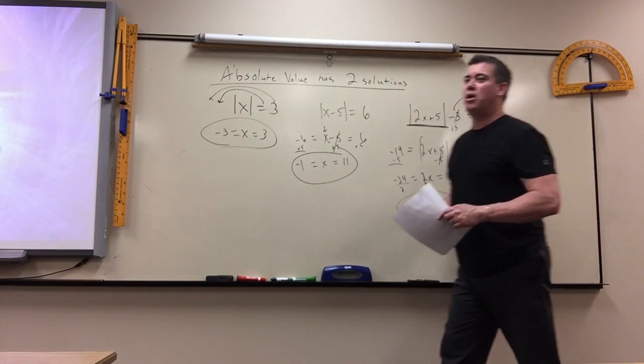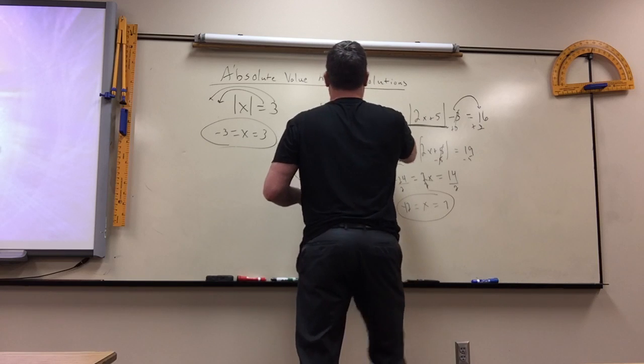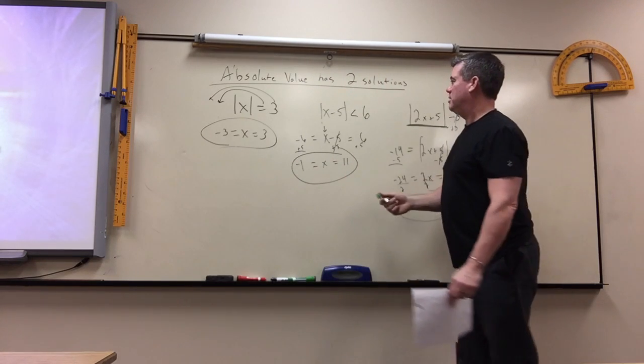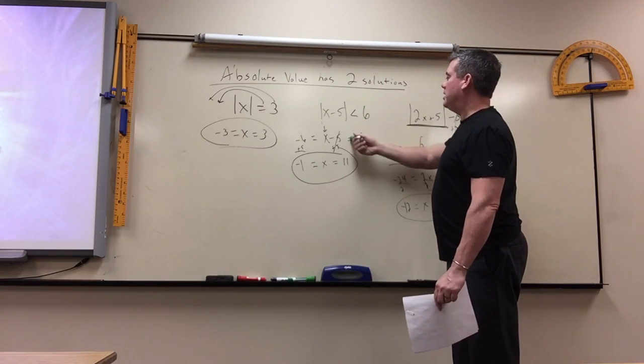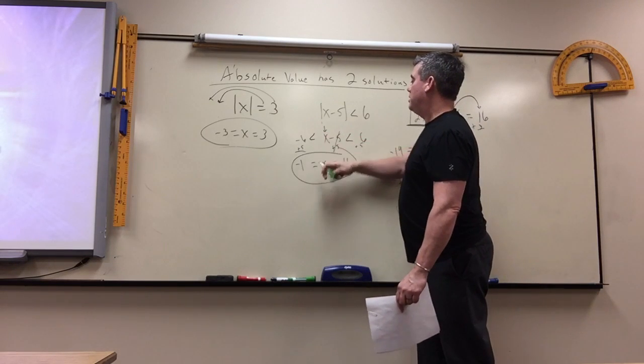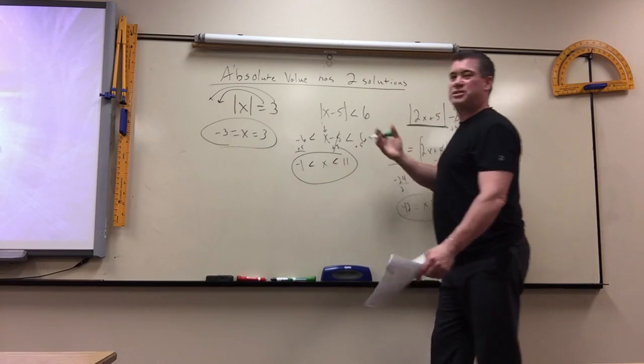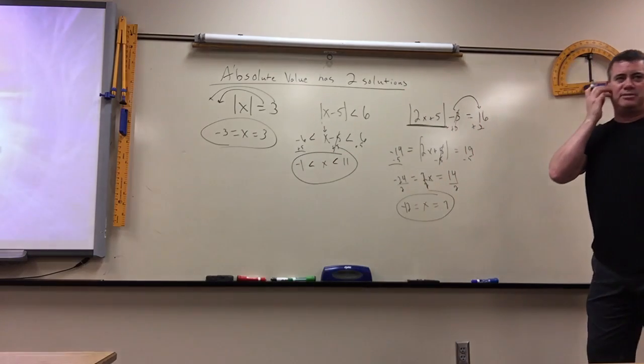If it's an inequality, you don't do anything different. If it's an inequality, you just write it down, put the same sign over here, and then solve it. It's exactly the same, it's just the signs are different.